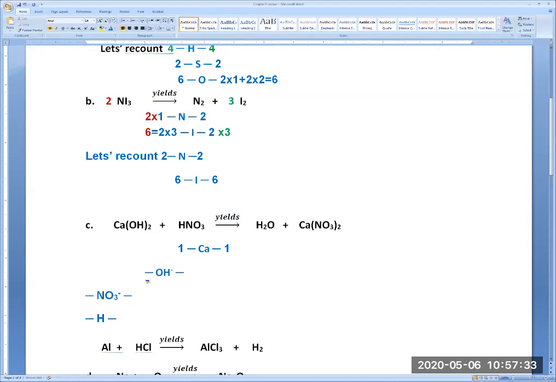OH minus, the hydroxide ion. The 2 here around the parentheses belongs to the hydroxide. So it means you have 2 hydroxide on the left. And on the right, it's tricky here, but H2O, you need to see it as an H and an OH minus together. It's actually an H plus and an OH minus.